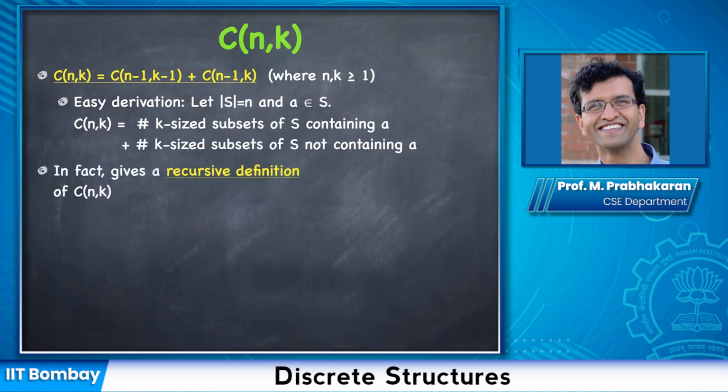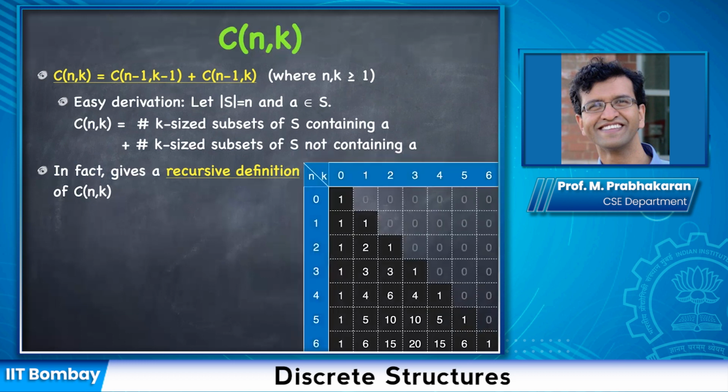In fact, this identity could have been used as a definition of C(n,k), instead of the expression we had in terms of n factorial. You could also have written this down and used that as a definition. To be a definition, you have to make sure it uniquely defines a value. It's not just some property of C(n,k).